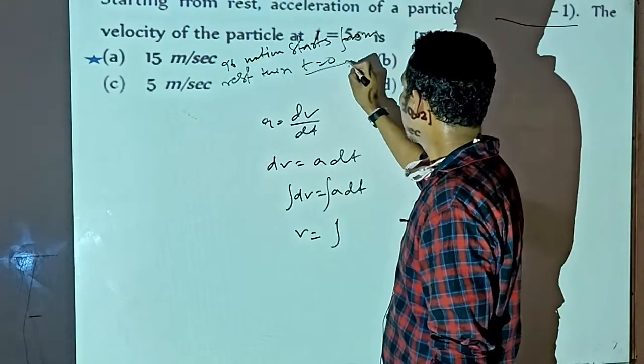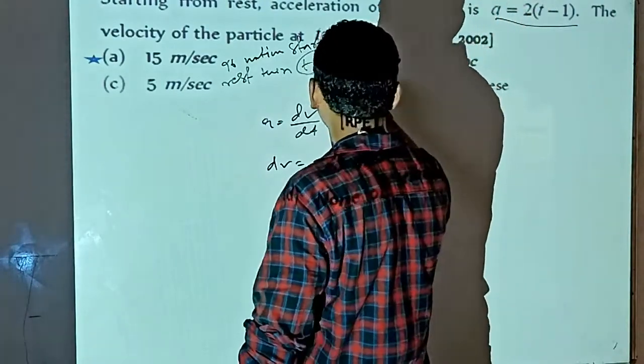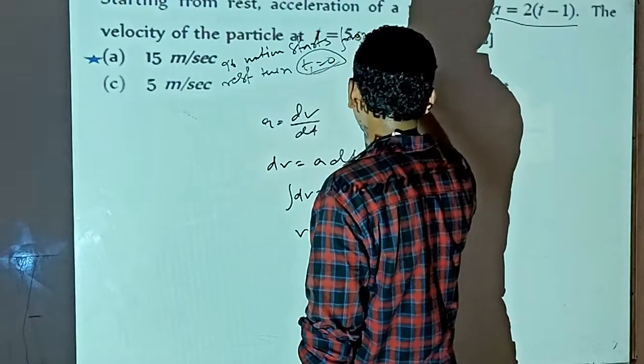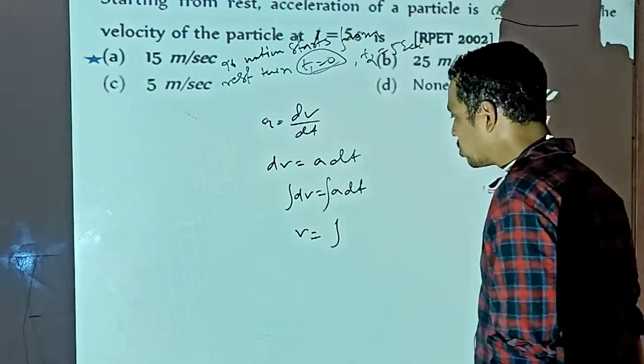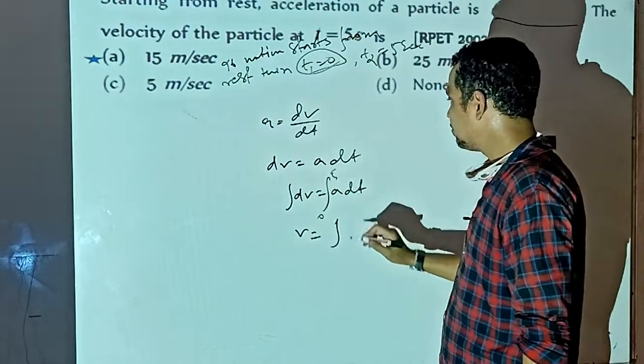Suppose this is t1 and t2 is already given, that is 5 seconds. So the limit will be 0 to 5 seconds.